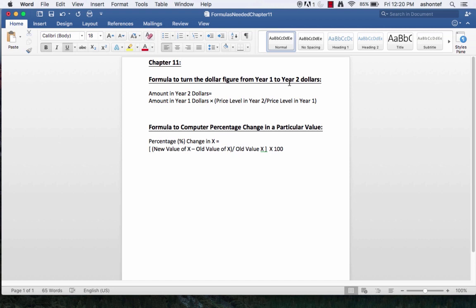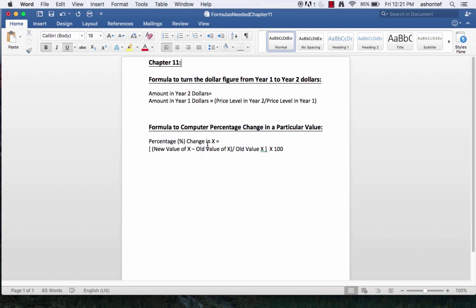Then you have another question in Chapter 11. Another formula you'll need to use is percent change in a particular value. Again, it's just a mathematical equation that you will use to find percent changes, and these are good formulas to know for other classes you may take in the future.